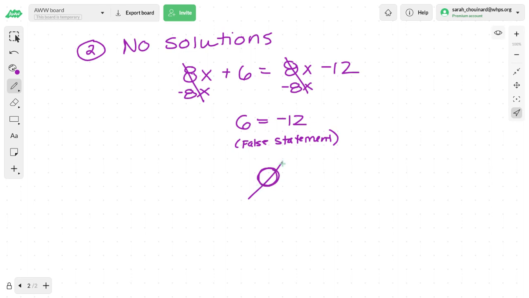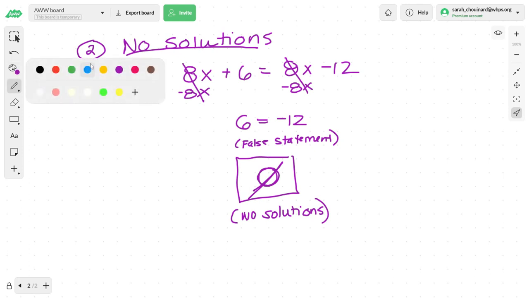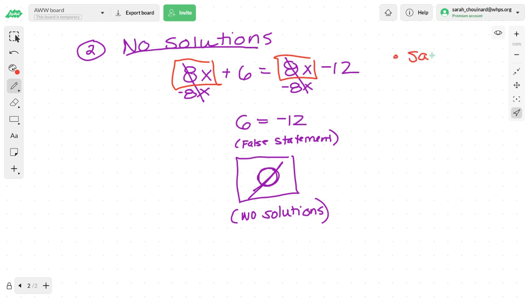A circle with a line through it is the symbol that means no solutions. And so that is my answer, a circle with a line through it called the empty set. And so again, I could tell at the beginning that I was going to have no solutions. The reason I knew that is because unlike the last one, my coefficients were the same to start. So if you have the same coefficients, automatically we know it's not going to be one solution.